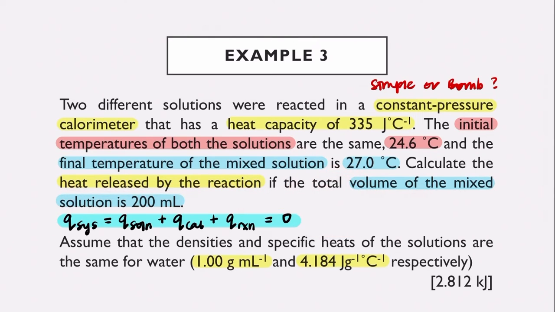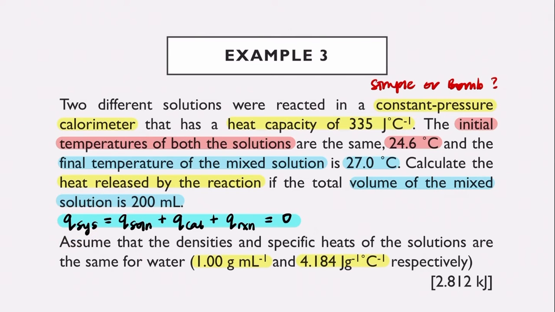How much heat is released, if the total volume of mixed solution is 200 ml, so this is your volume of solution. Since this is a simple calorimeter, because it says constant pressure calorimeter, you need to automatically think of the heat of the system.